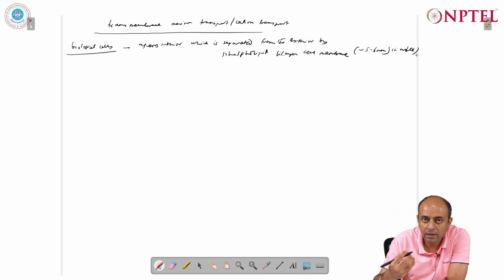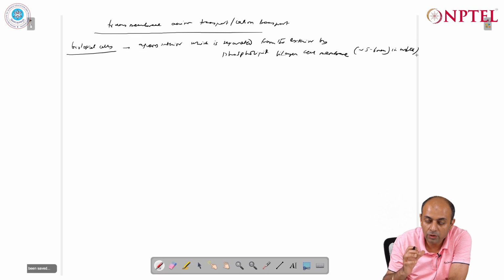So, outside the cell it is an aqueous environment, and inside is an aqueous environment, and in between we have got this phospholipid bilayer cell membrane, and it is through the cell membrane that the communication takes place.